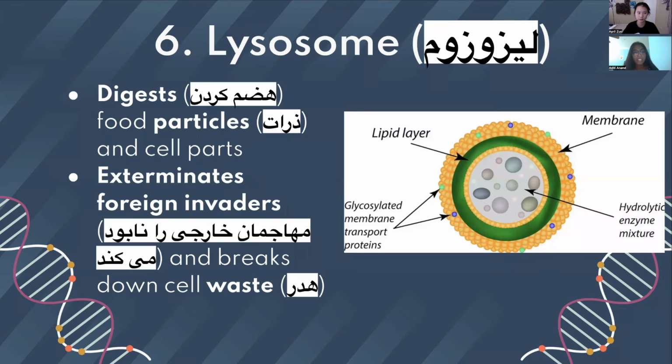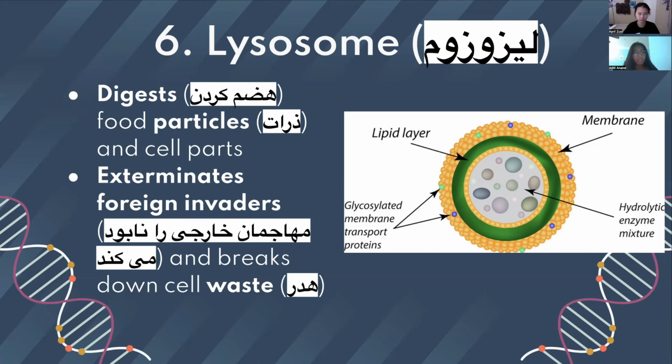So now the lysosome. Lysosomes are really important because they digest food particles and cell parts. So what does digest mean? It means to break down. In our stomach, for example, when you eat food, the stomach digests the food, or breaks it down into energy so that it can be used in the body. That's what a lysosome does in the cell.